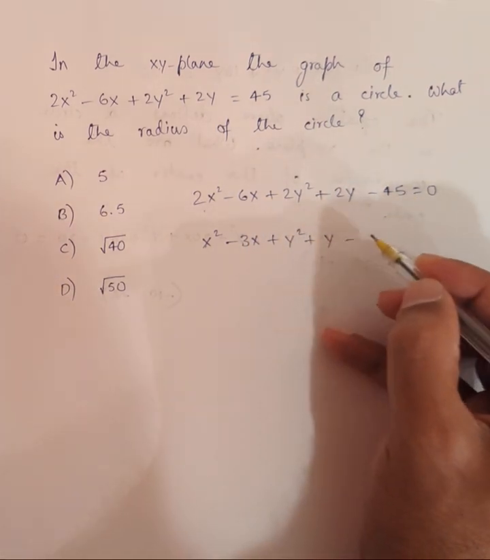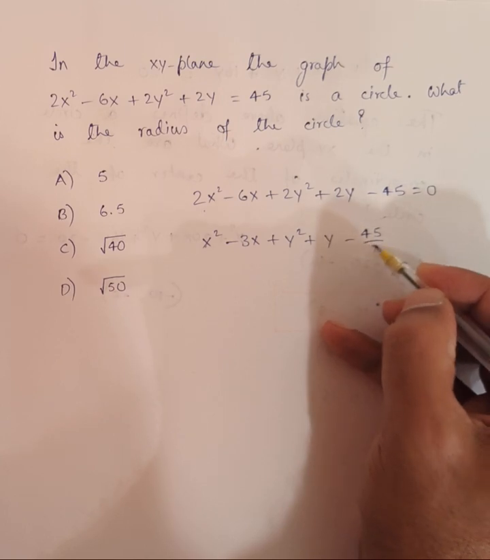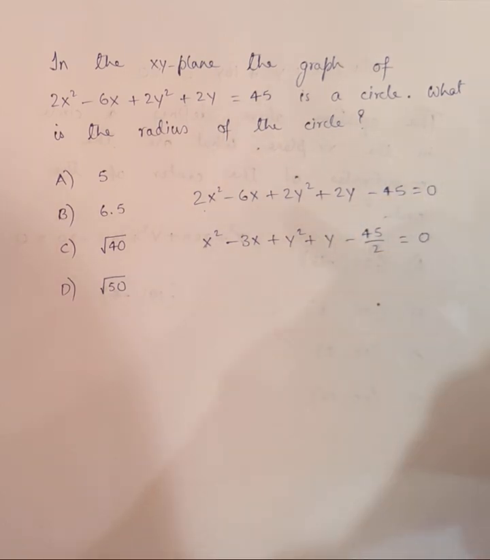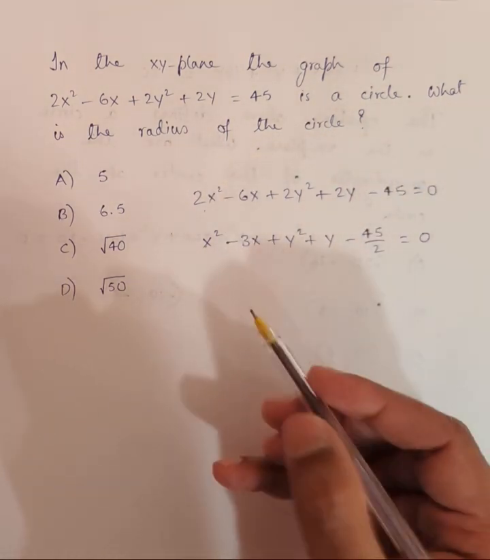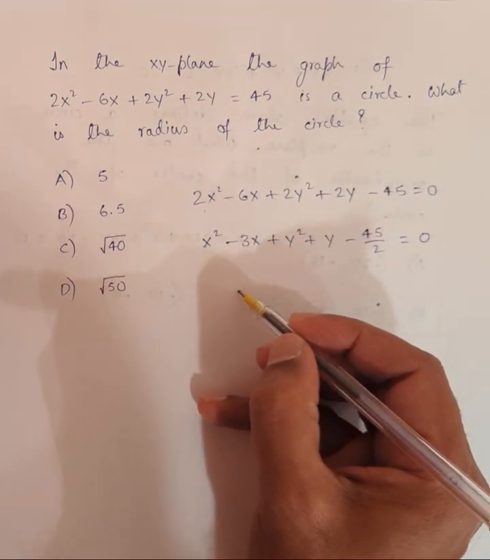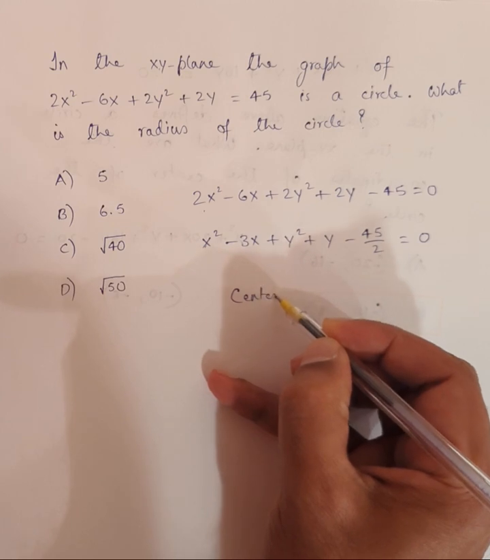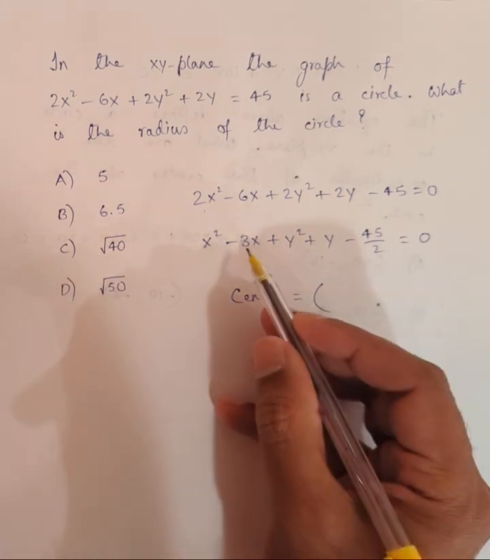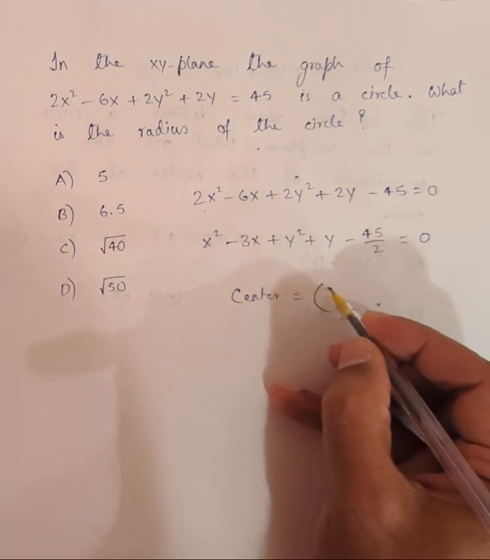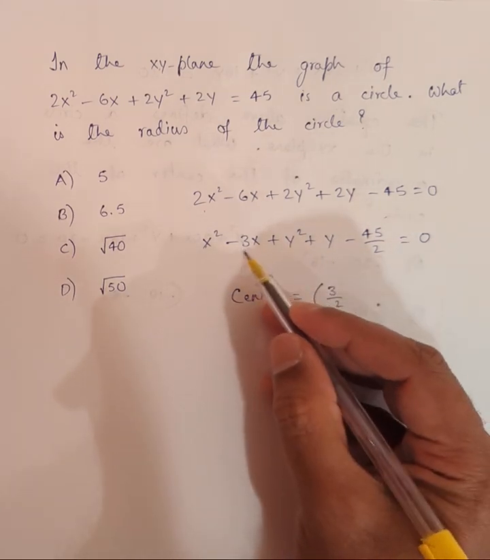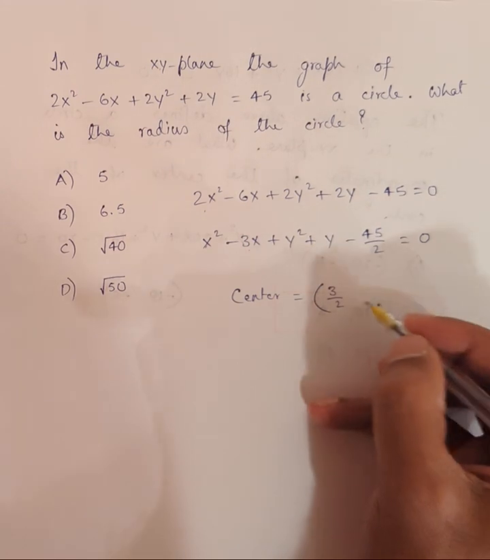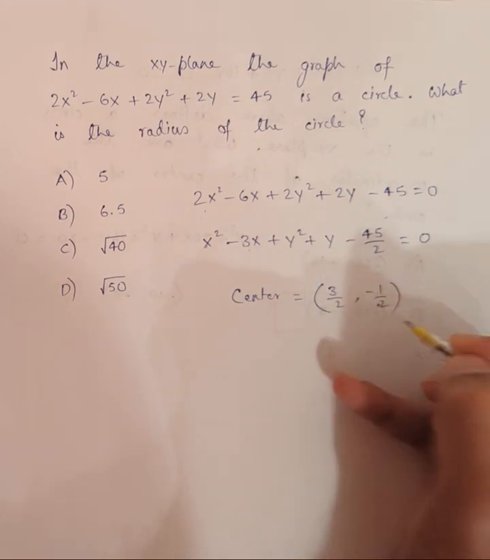And this becomes negative 45 over 2 is equal to 0. And to find the radius, well, let's get the center first. So center is going to be opposite half, which is positive 3 over 2, opposite half of the x coefficient, opposite half of the y coefficient, negative half.